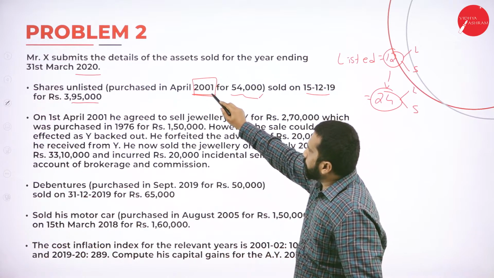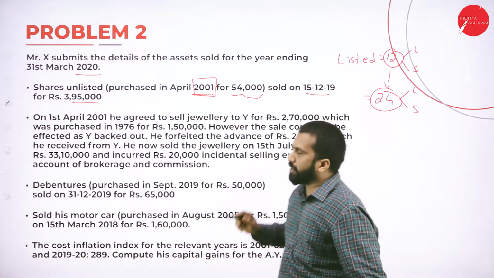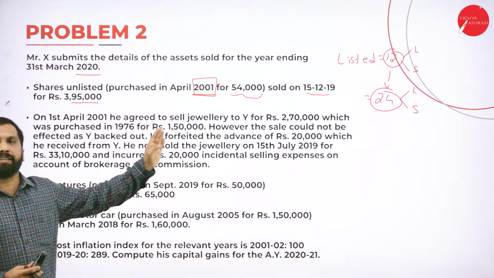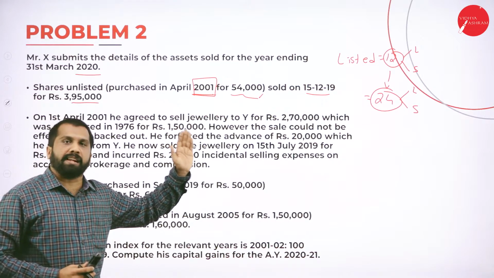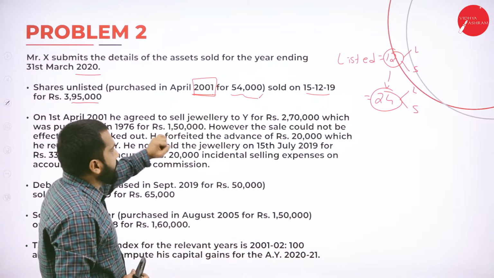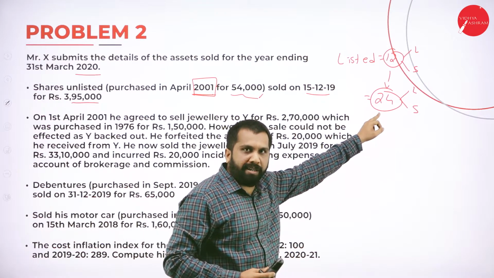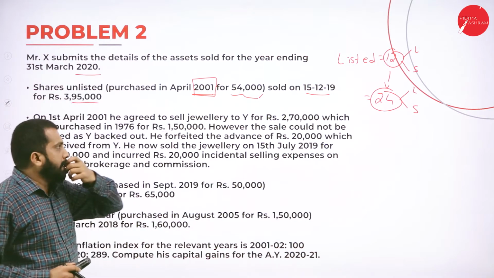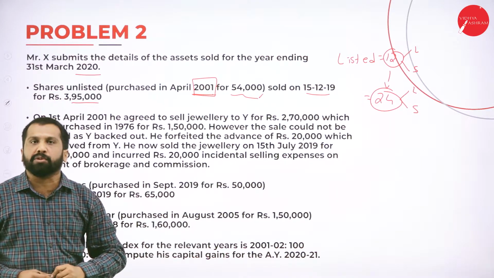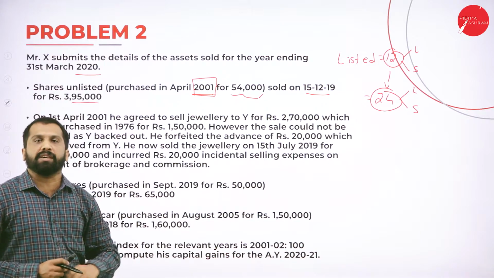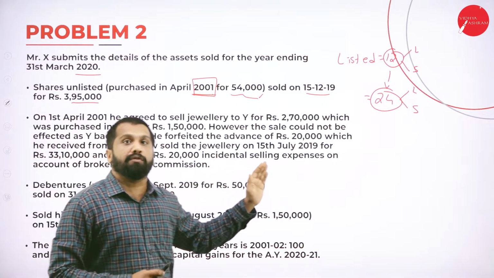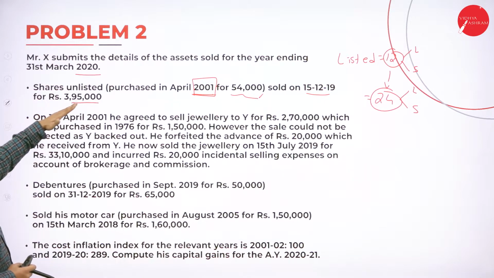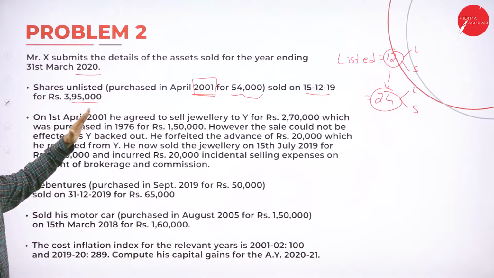Now, 2001 to 2019: is it short term or long term? It is almost 18 to 19 years. For unlisted, what is the time period? 24 months. So we consider it long term. In case of long term, we should always go for indexation. The first one is all about unlisted shares. Clear? We'll go to the second one.